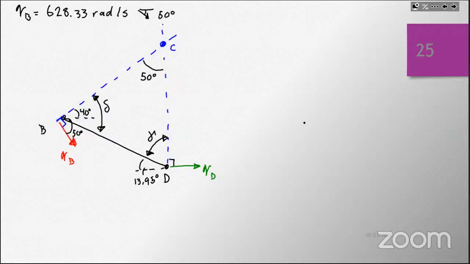Why am I going to say that that one's 50 degrees? Good question. Well, I know that this has to be 40 degrees, because it's the complementary angle to the other one. This angle is 90 degrees. All right, so 180 minus 90 minus 40 gets me 50.